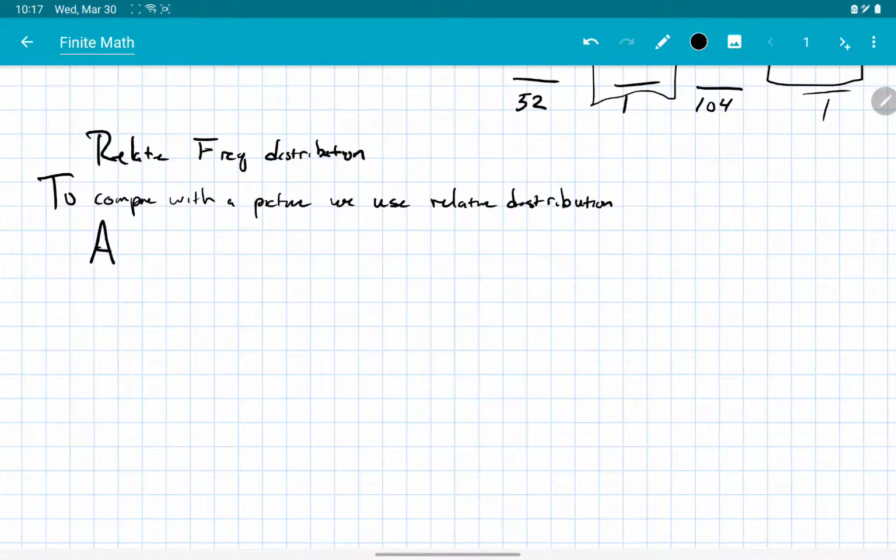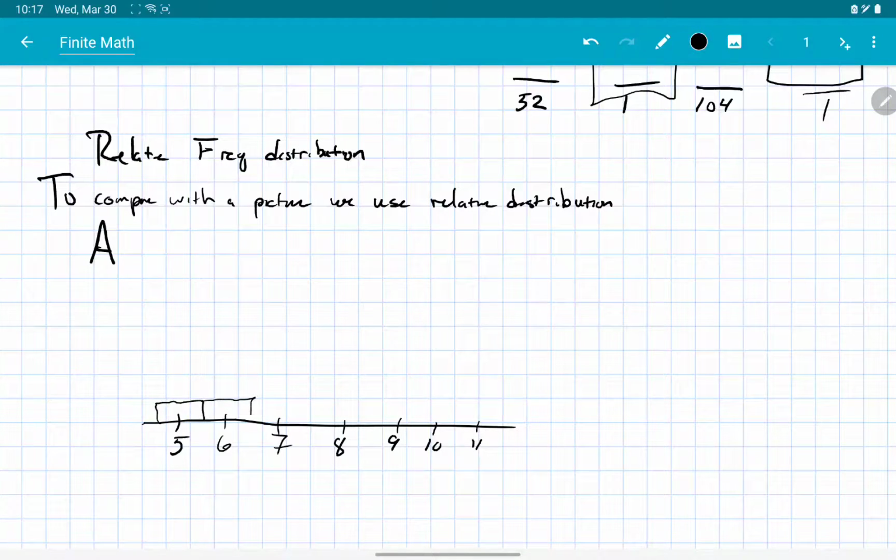So dealership A, 5, 6, 7, 8, 9, 10, 11 would look something like this. Okay, I'll draw the scale in a second here. Just trying to draw a picture similar to the one I've got in my notes.